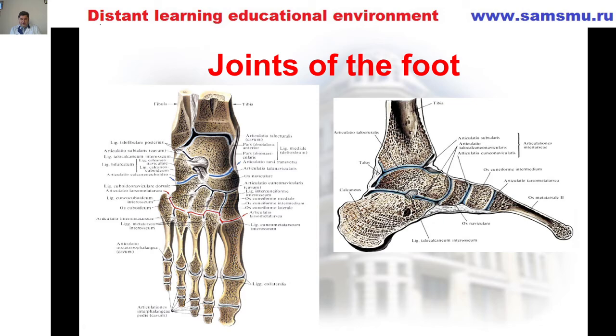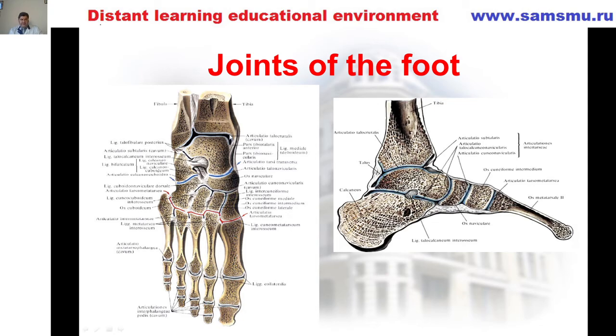The talocrural or ankle joint is formed by the articular surfaces of the distal ends of both leg bones, which embrace the trochlea of the talus like a fork. The lower articular surface of the tibia articulates with the facies articularis superior of the trochlea, while the articular surfaces of the malleoli articulate with the articular surfaces of the sides of the talus.